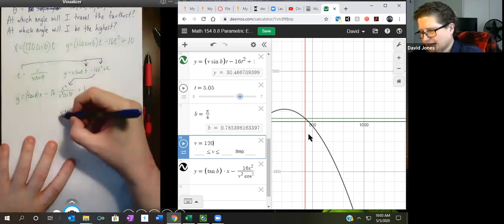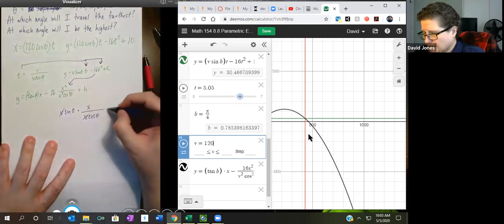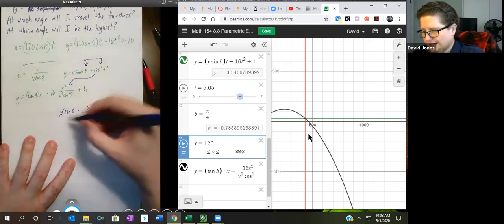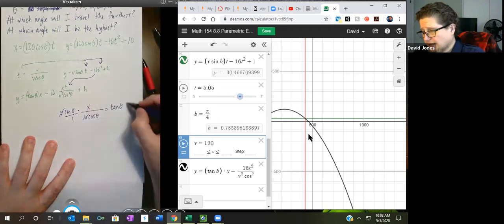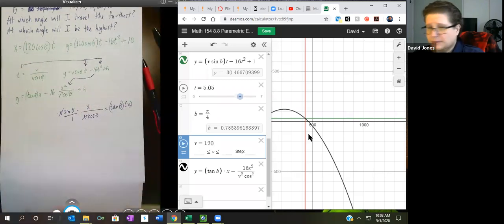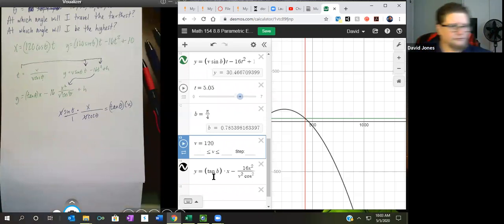The v's cancel. So I've got tangent theta, sine theta over cosine theta, times x. And that's where I got that portion. Good stuff?